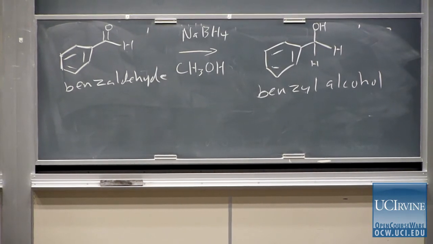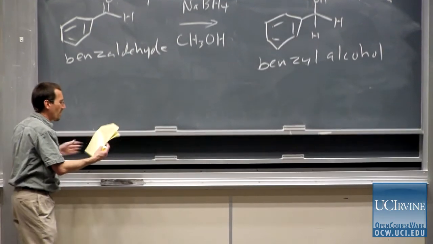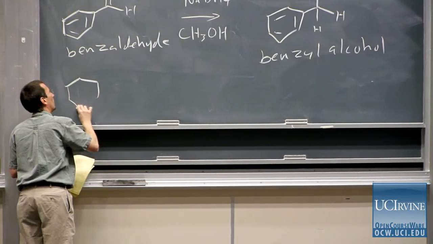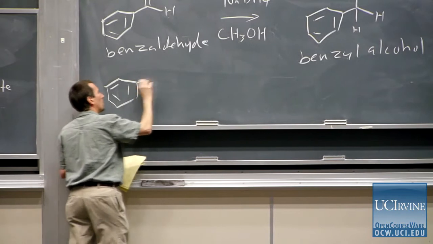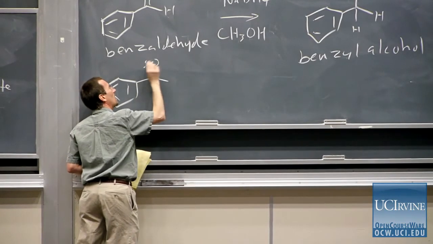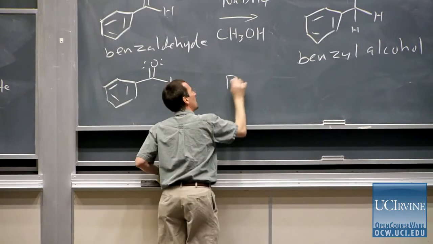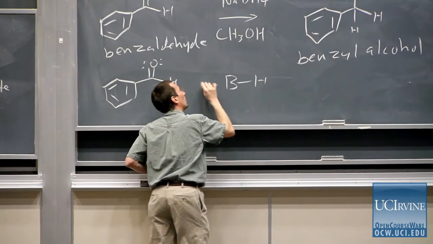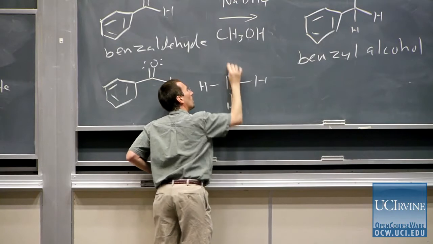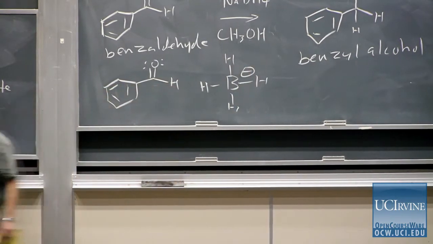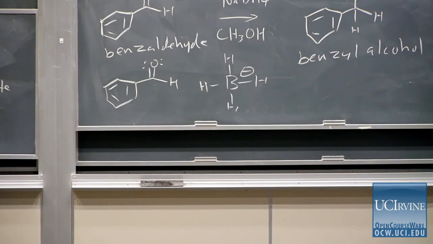And we can think of this reaction occurring very much like the other reaction has occurred. So here's our aldehyde. Here's our borohydride anion. And the boron-hydrogen bond is polarized.